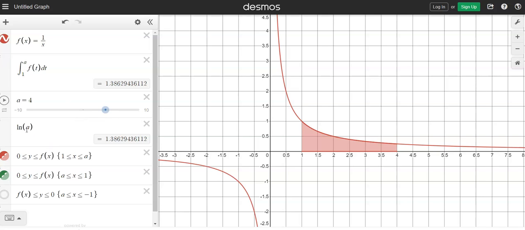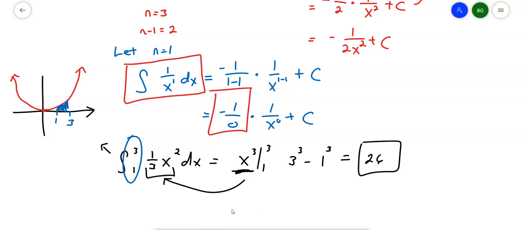The natural log of a always gives me the area under that curve. And remember, by the fundamental theorem of calculus, if we can find a function that gives us the area under the curve, then we have found the antiderivative of that function. So what this is implying to us, let's go back to our whiteboard.